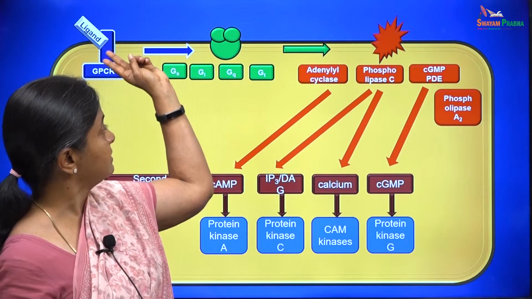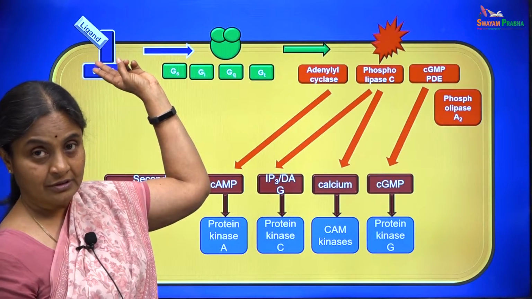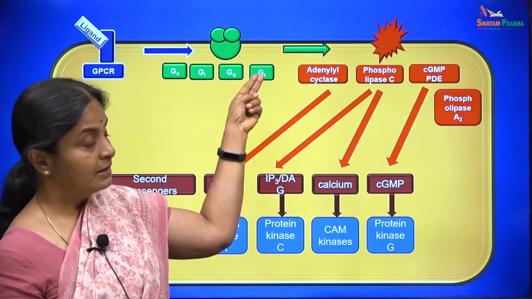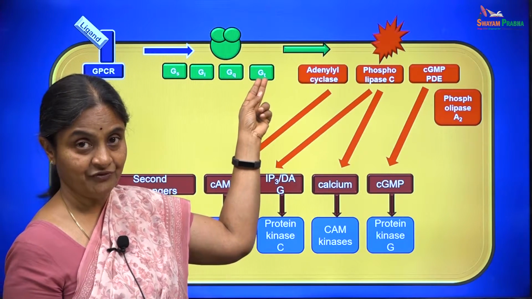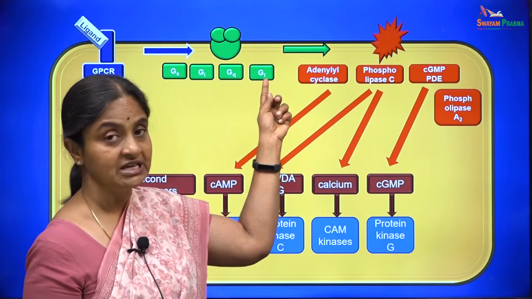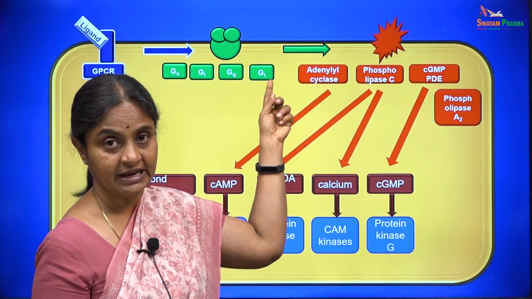So light acting on rhodopsin will activate the GT type of G protein, which is why the subscript T comes. It's transducin-like.